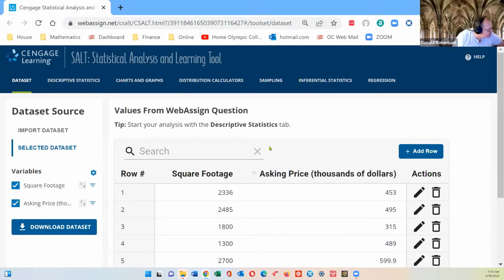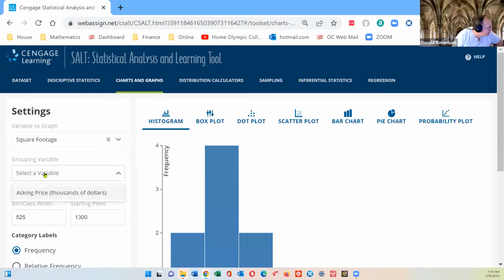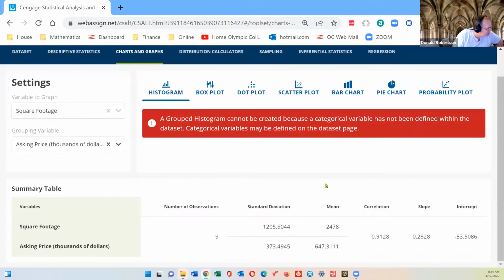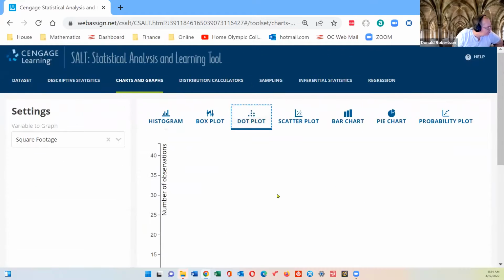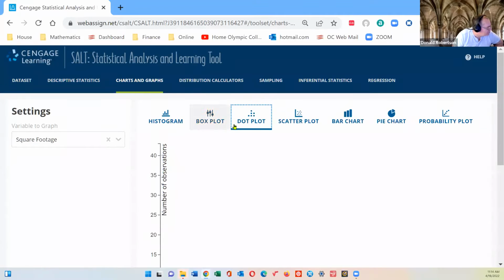Now, I'm going to show you what the scatter plot looks like first. Square footage goes first, and asking price goes second. What's wrong with that? Oh, because I want a dot plot. No, I don't. I want a scatter plot.